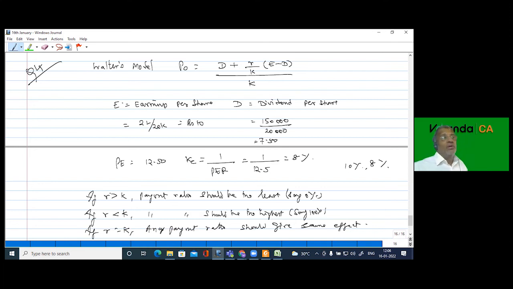So therefore, greater amount of money to be left would mean it should be the least amount of money to be kept at equity shareholder side. That is why we say that payout ratio should be the least or 0%. If money with the company is less and money with the shareholder is getting better returns, would mean pay all your profit in the form of dividend. If both R and K are same, whatever may be the payout ratio, which will have the same effect. This is what we have as a takeaway for Walter's model.